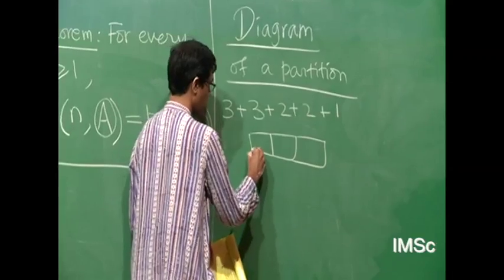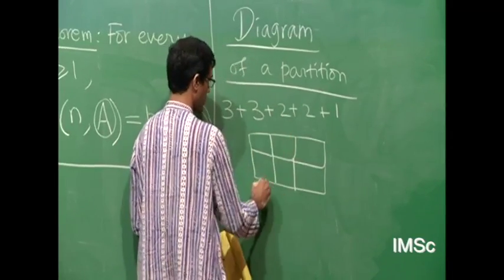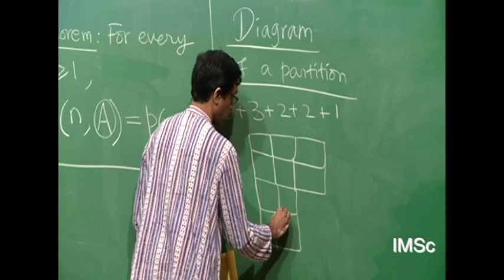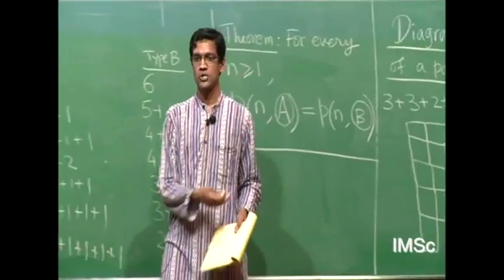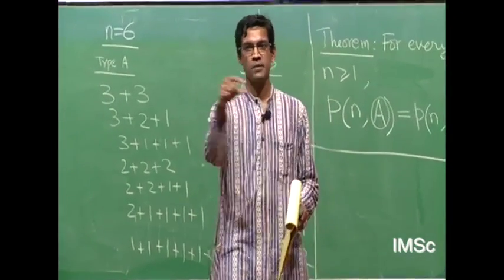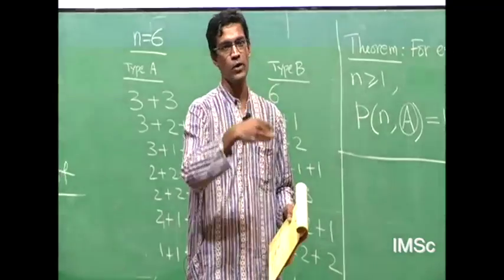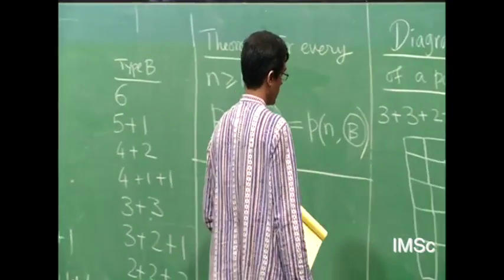The next is also a 3, so I'll draw 3 more boxes in the second row, 2 boxes in the third row, 2 in the fourth row, and a 1 in the fifth row. Fine? So it's clear what I mean by the diagram, right? This is the box diagram. I draw as many boxes as there are parts, and I keep going down row by row. So that's a diagram of this partition.